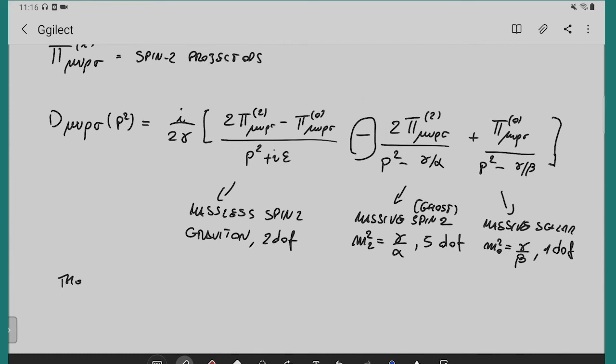And the spin 2 ghost violates unitarity, for the reason that I have shown you yesterday. So in the end, I want to stress this because it will be important later, all of these are prescribed with the Feynman prescription.